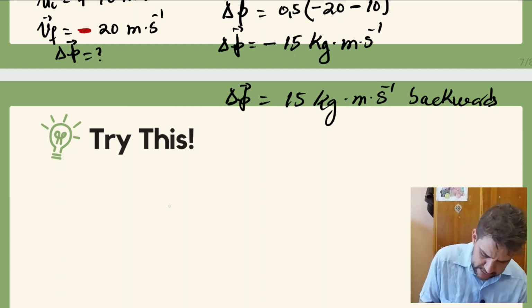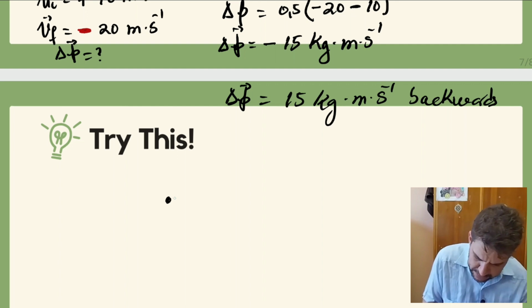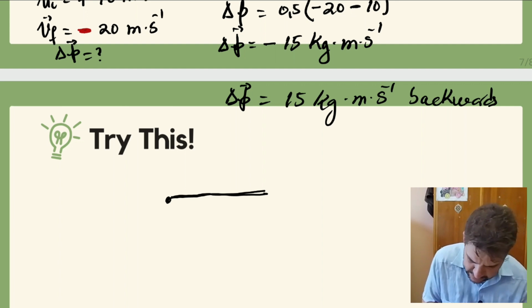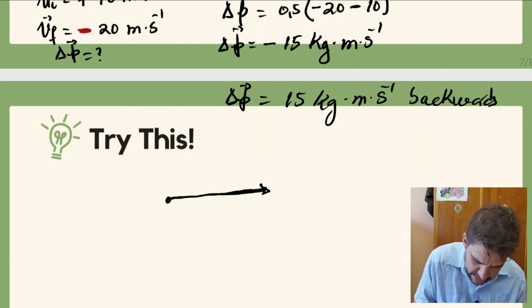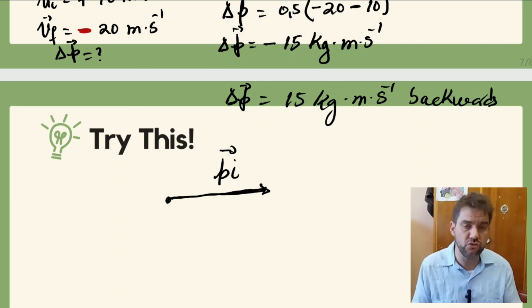For instance, let's say forward is to the right. So the initial momentum will be this vector that is to the right. That means forward. This one is the initial momentum. Now I am going to draw the final momentum, and I am going to start from the tail of the first vector, guys.